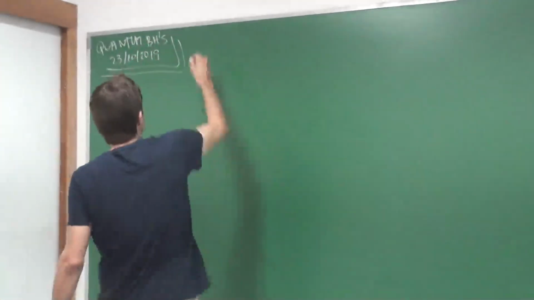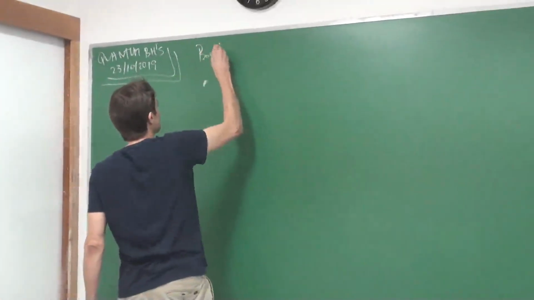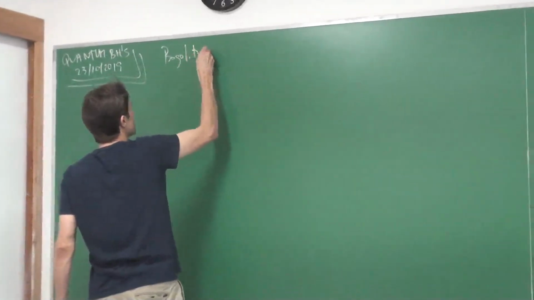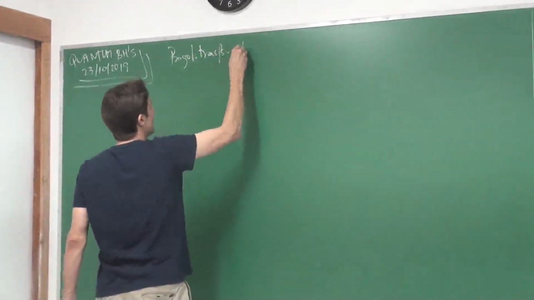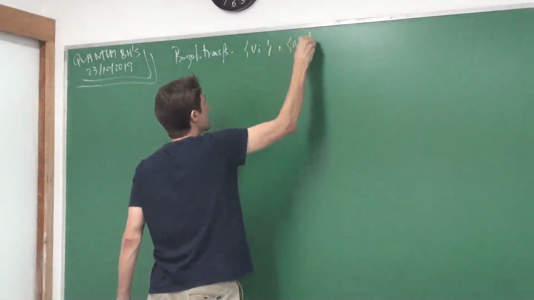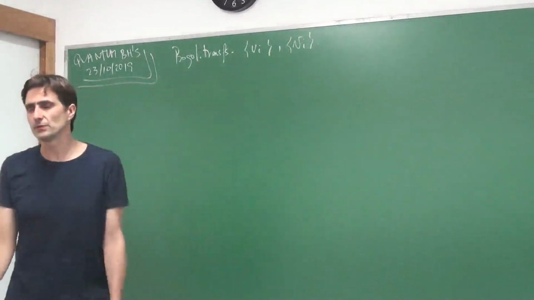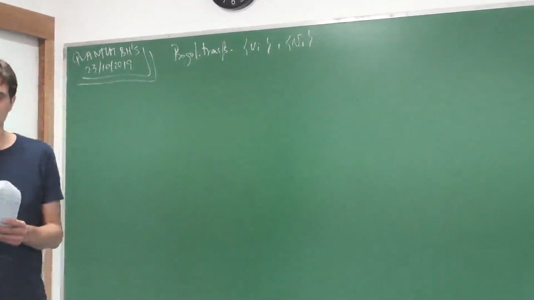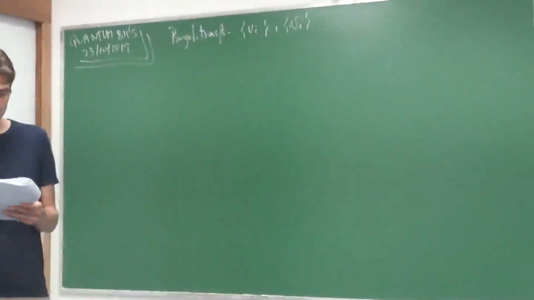So we looked at the vocabulary of transformations. We have a basis of positive frequency modes, two different bases, two different complete sets of homogeneous solutions of the Klein-Gordon equation.